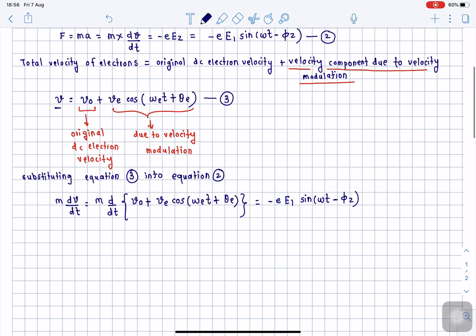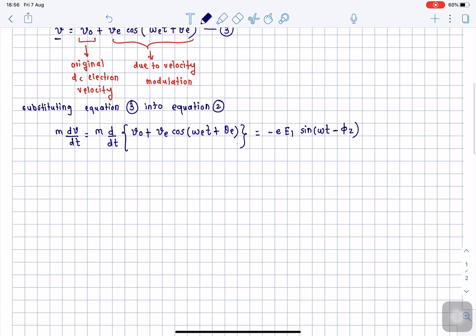Now we take the derivative on the left hand side, and we can directly write minus m VE sine of omega E t plus theta E into omega E, equal to minus E1 sine of omega t minus phi z on the right hand side.